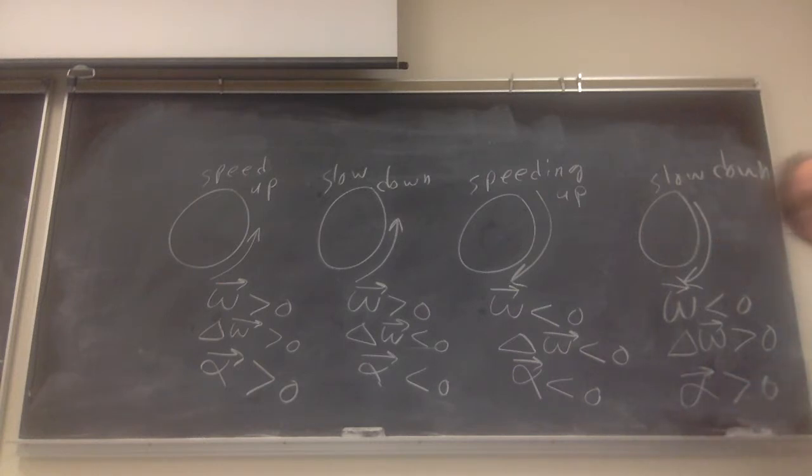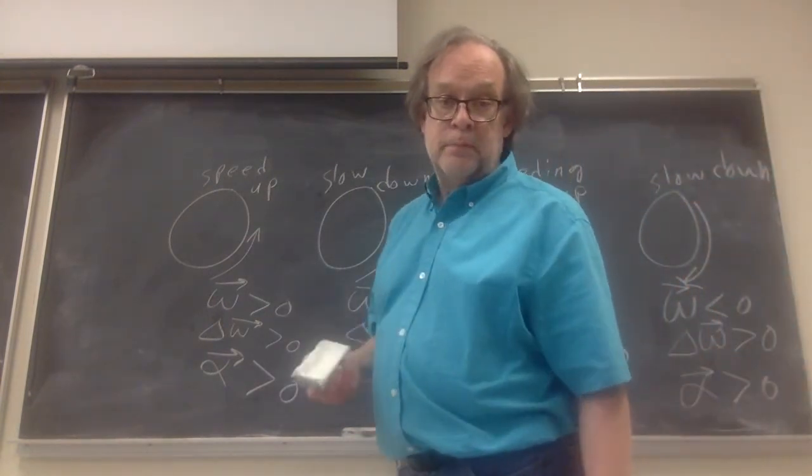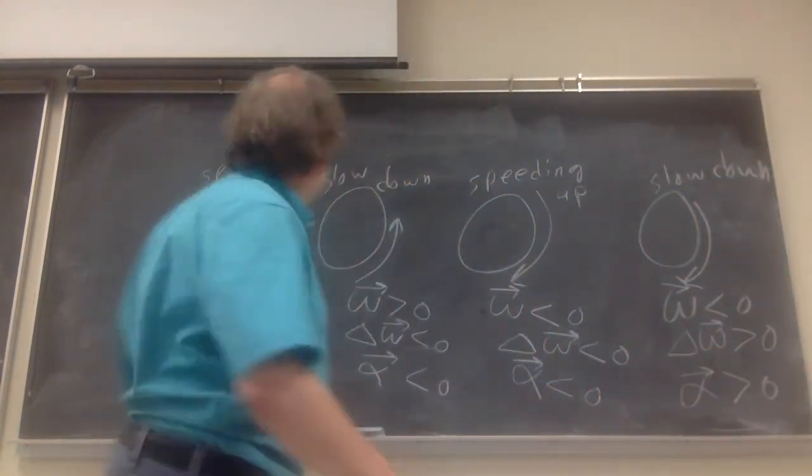So positive acceleration. Now, to sum all this up, we can make two statements that you should already be familiar with in the context of regular meters per second velocities and regular meters per second accelerations.